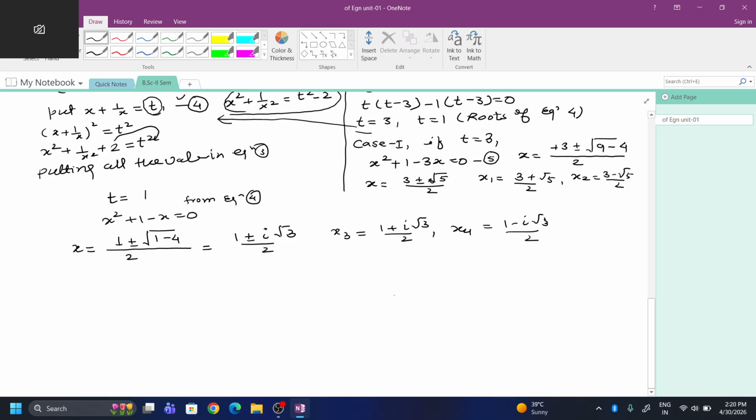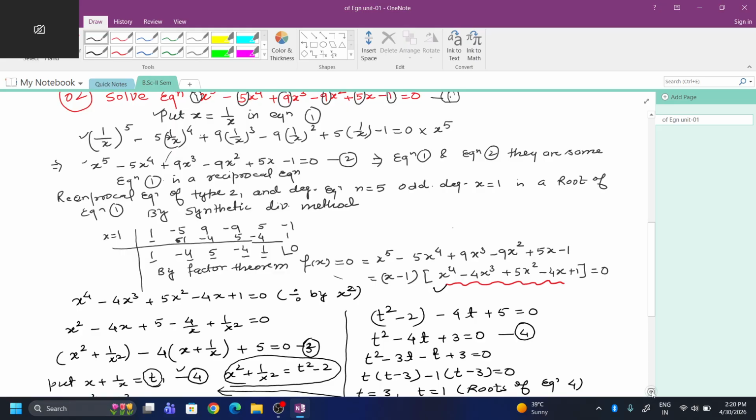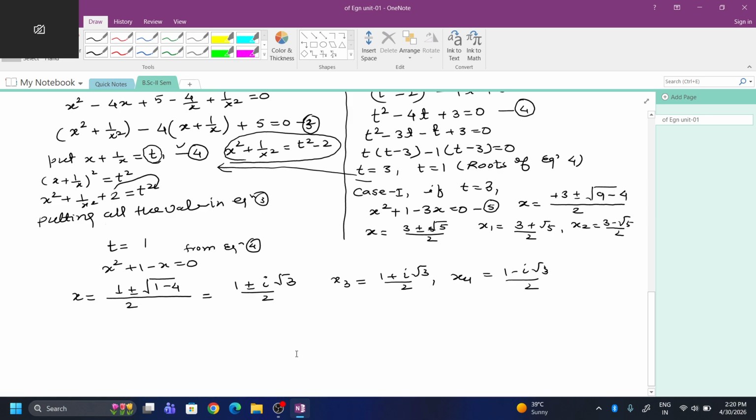Okay. So since our equation is a biquadratic equation, that is the degree of this equation is 4, we have the 4 roots, say x1, x2, x3, x4. So total number of roots are 5.